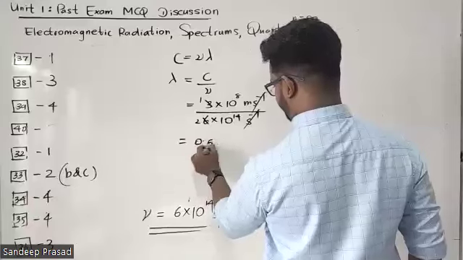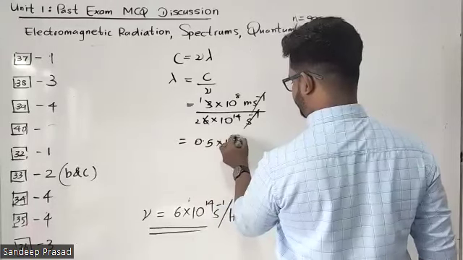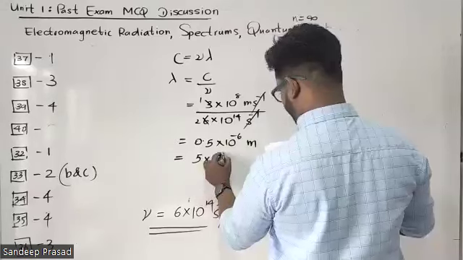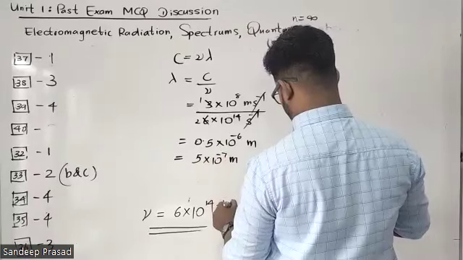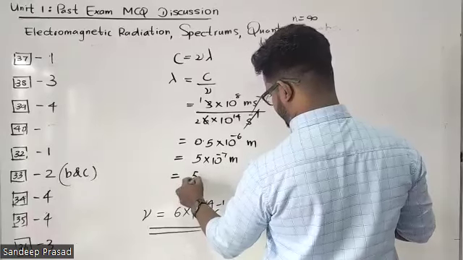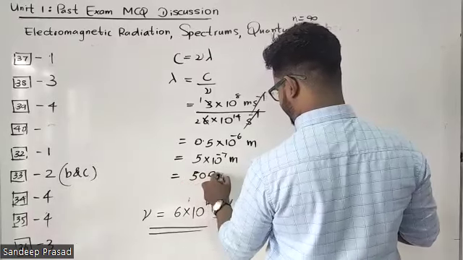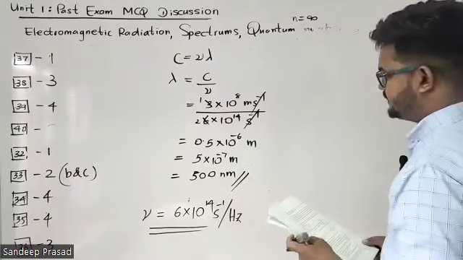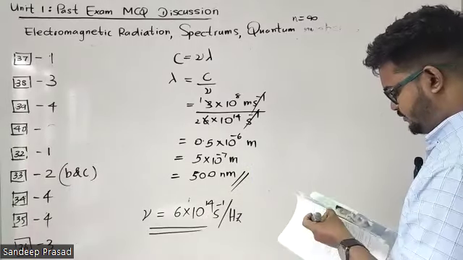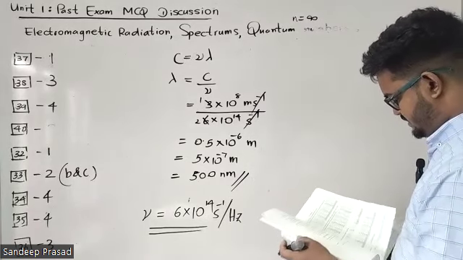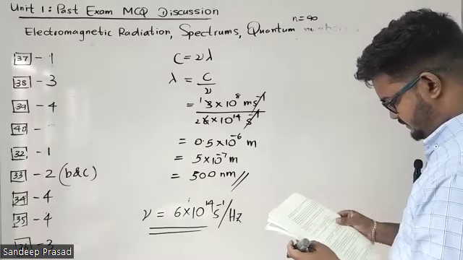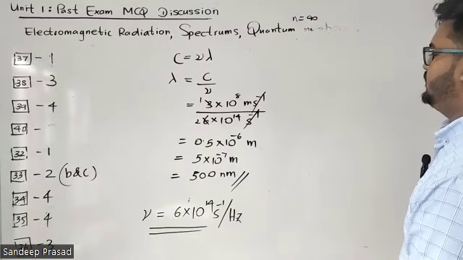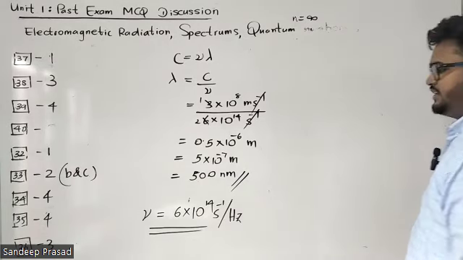So therefore 0.5 × 10 to the power minus 6 meters. That means 5 × 10 to the power minus 7 meters. We can say that it is 500 nanometers. Is that the answer? Question number 40: 500 nanometers.